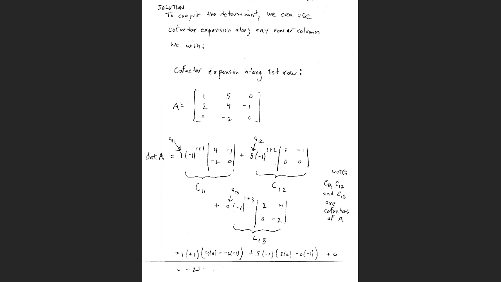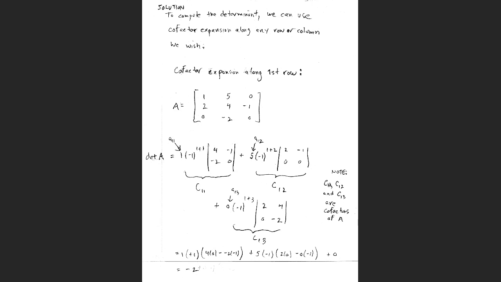We expanded along the first row. We got the determinant of the matrix A equal to -2. But with cofactor expansion, we can expand along any row or column we wish.